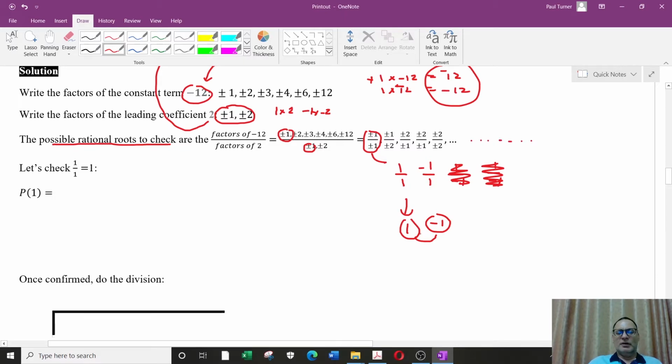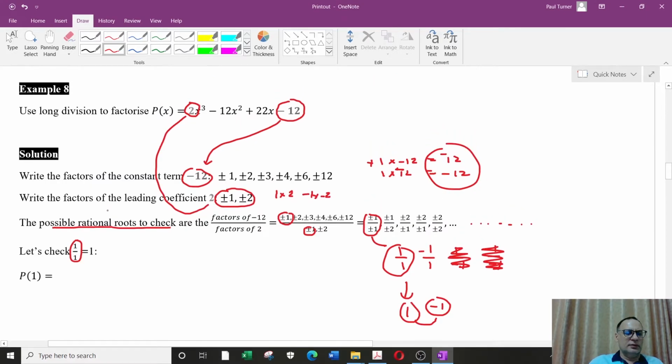Now, what I'm going to do, I'm going to check this first one, 1 on 1. Because 1 on 1 is 1, I'll try 1. So let's put 1 into your polynomial. So you got 2 times 1 cubed minus 12 times 1 squared plus 22 times 1 minus 12.